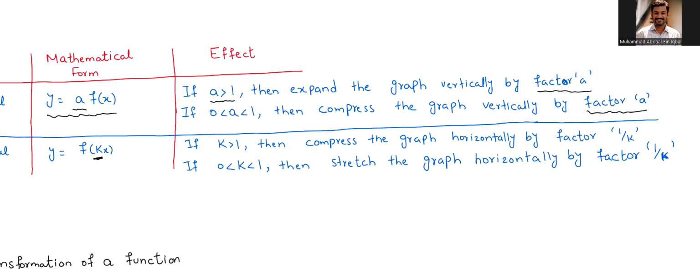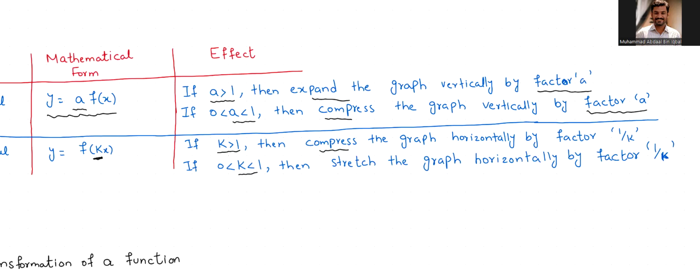In horizontal translation, if k is greater than 1, then we compress the graph horizontally by factor 1 over k. In vertical translation, if a is less than 1 but greater than 0, then we compress the graph vertically by factor a. But in horizontal translation, if k is less than 1, then we stretch the graph horizontally by factor 1 over k. Okay, now we are moving to the solution of this question.